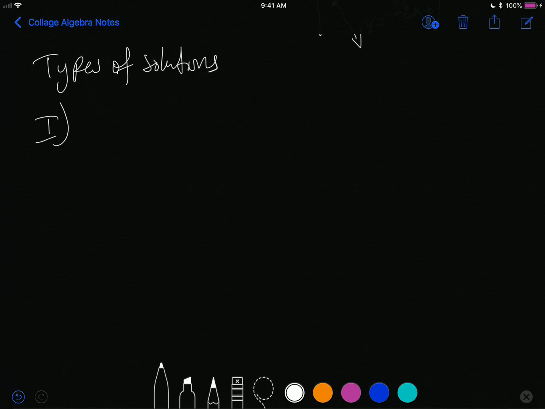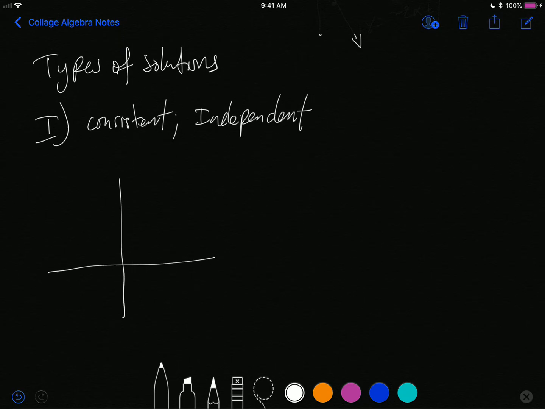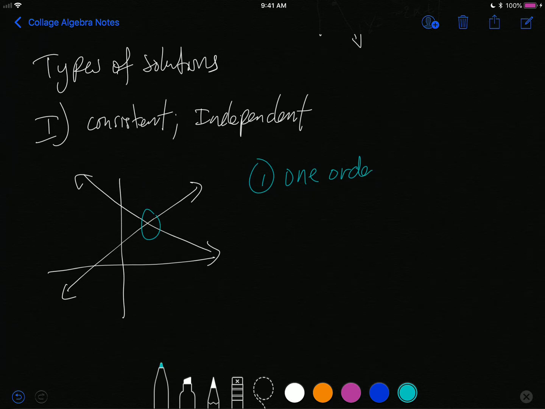First, we have what's called the consistent and independent solutions. The consistent and independent solution is one where you have two graphs that simply meet at one spot. And so you have one spot right here. They have one ordered pair of solutions.